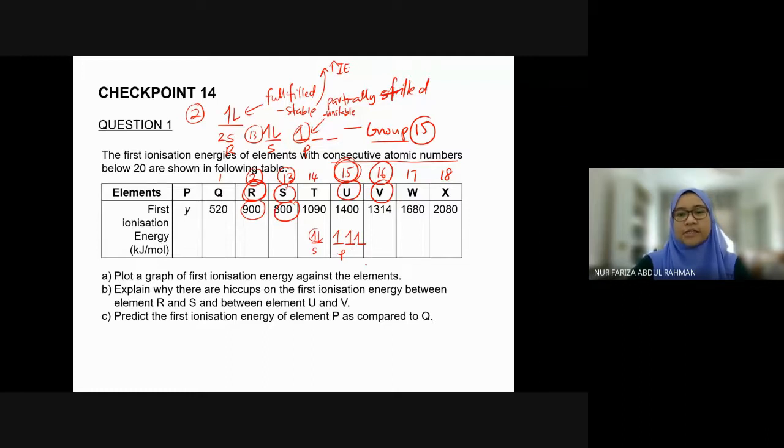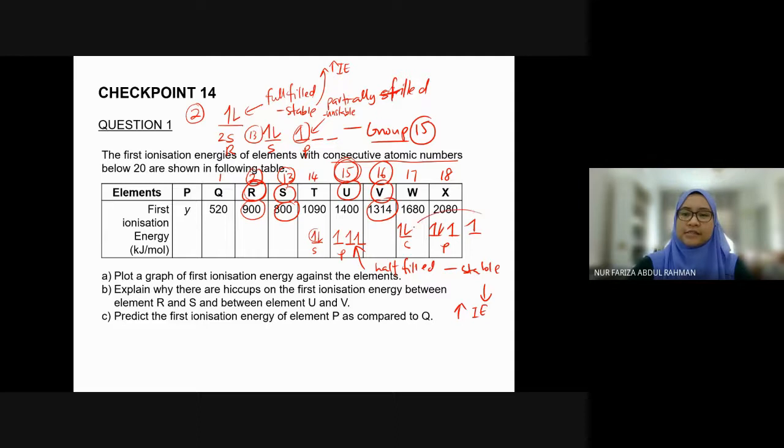Okay, alright. So this again label. This is half filled. Kenapa dengan half filled? Half filled is stable. That means more energy, more IE is needed to remove the electron. Whereas for V, draw lah balik. Okay, right.